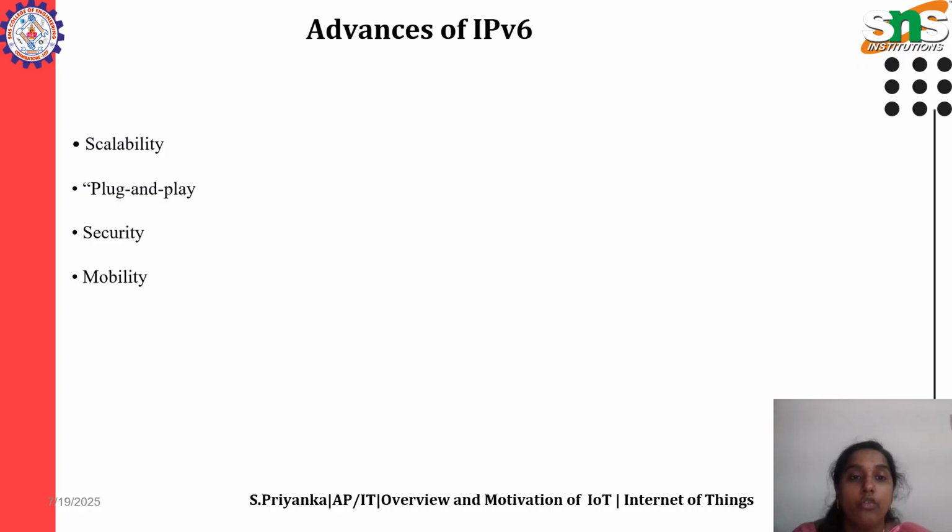In the case of plug and play, IPv6 includes a plug-and-play mechanism that facilitates the connection of equipment to the network. Next is security. IPv6 includes required security in its specifications, such as payload encryption and authentication.